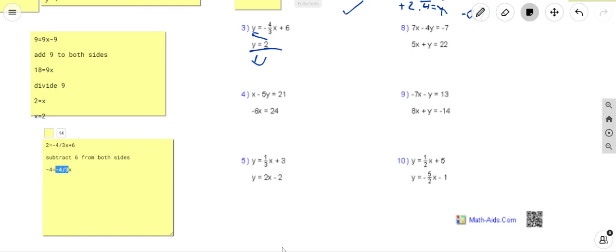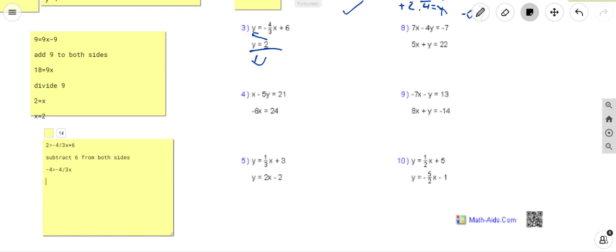So we would multiply this to both sides, well, we would multiply 3 and then divide by 4. So we would multiply.